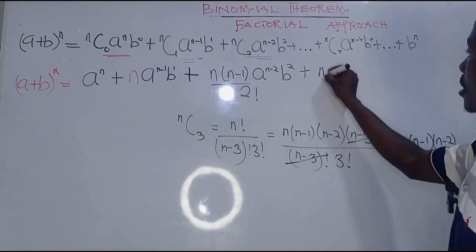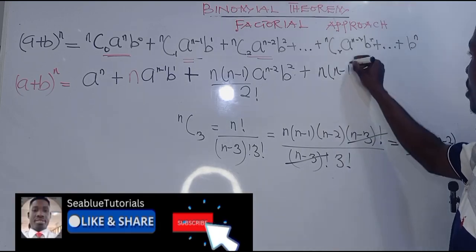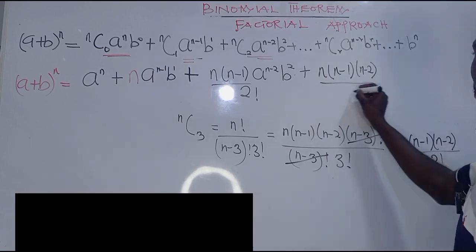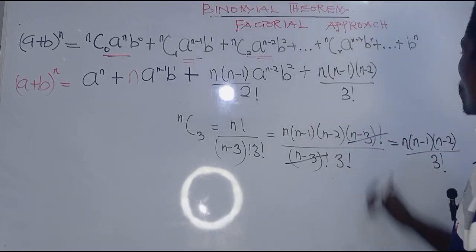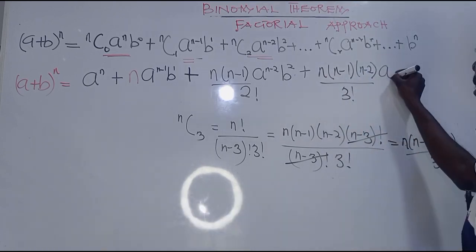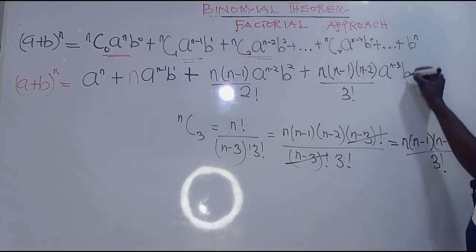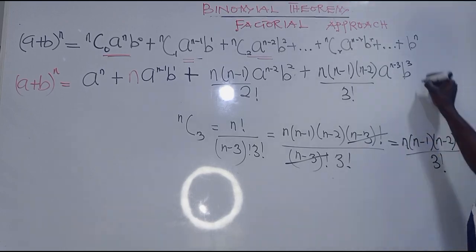So we have n times (n minus 1) times (n minus 2) all over 3 factorial, and then we have our a^(n minus 3) b power 3.